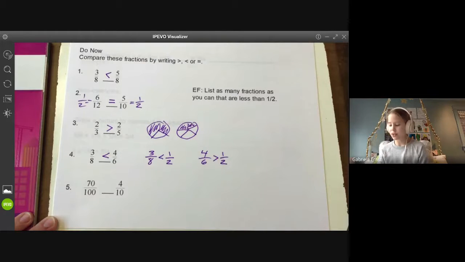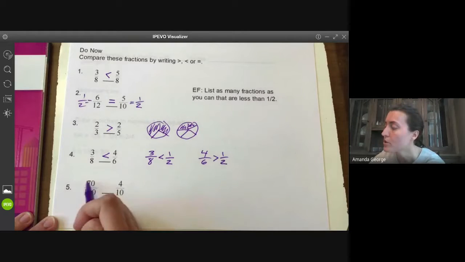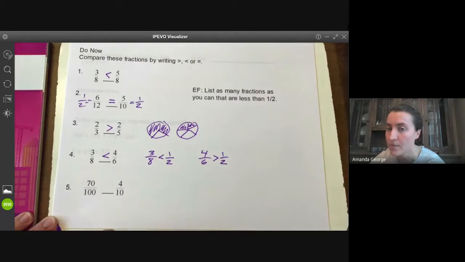So I said 4 is less than 70, so 70 is greater than 40. Wait, did I say that right? 4 is less than 70. 4 is less. So you were just looking at the numerators. Kind of.